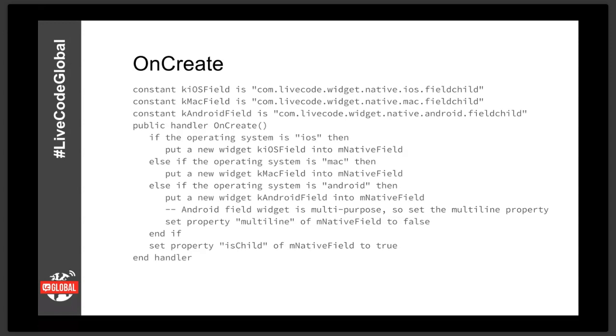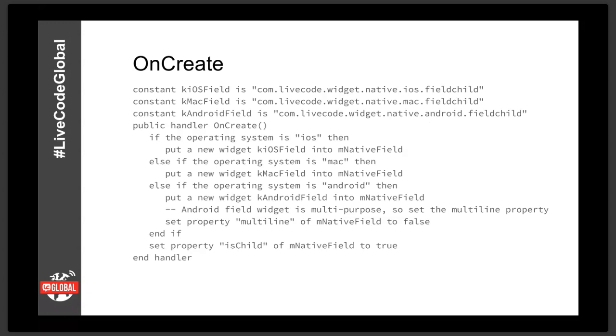Here's the onCreate handler. So there are the three native widget kinds, and it just switches on the operating system and puts the appropriate widget kind into the mNativeField variable. Because the Android field can be multi-line, we just make sure to set the multi-line property of it to false.